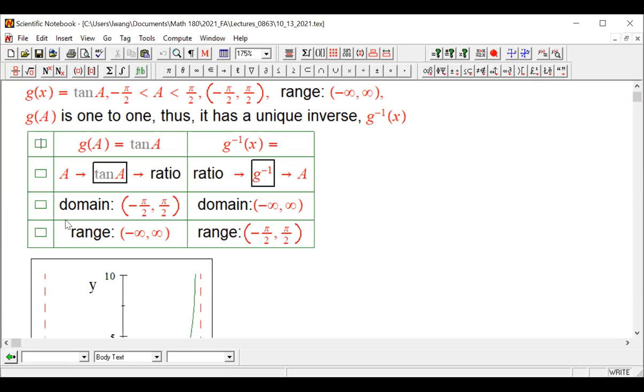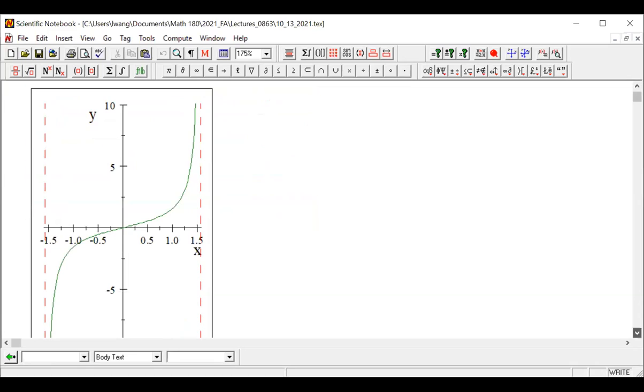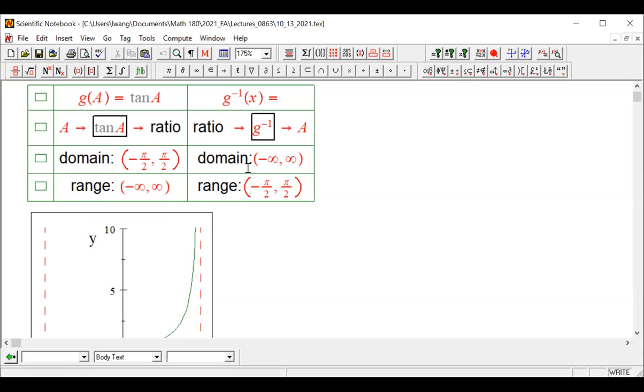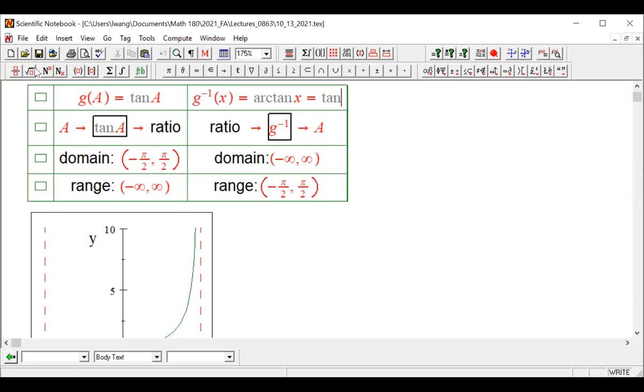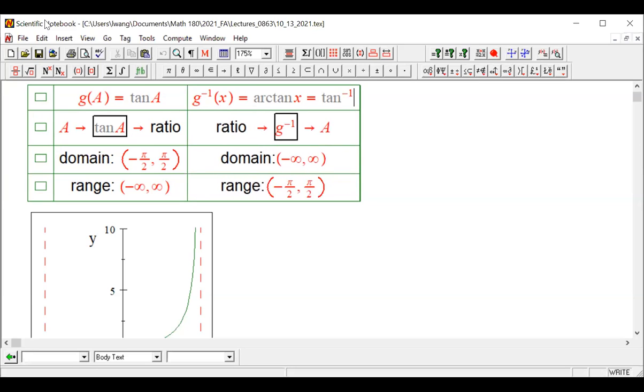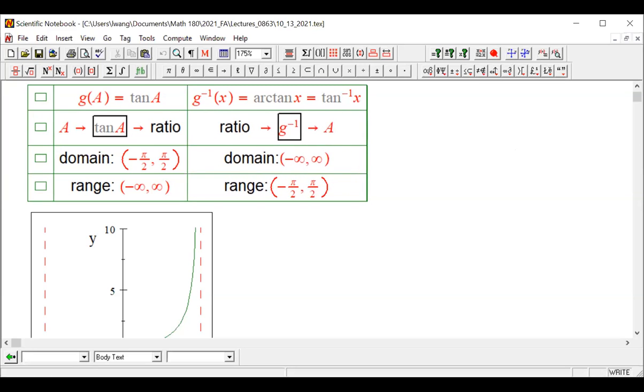We're going to see that implication playing out. First, we can give it a name if you want: arctangent or tangent inverse. These two names are used interchangeably and mean the same thing: the same domain, the same range.